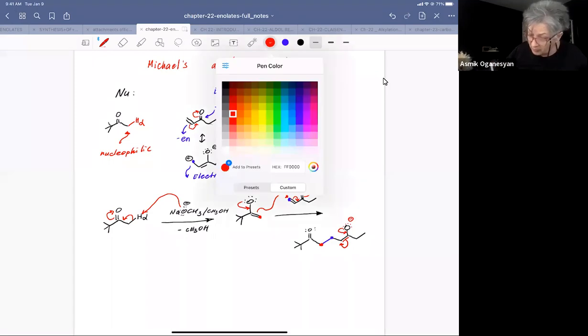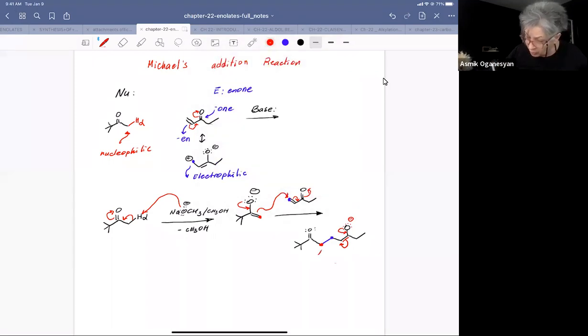Let me put in the identifiers here so you will be able to follow it very well. Alpha carbon, now it's a beta carbon in the product, and this is a gamma carbon on the next position. So those are the carbons that will acquire a negative charge as a result of this resonance delocalization.